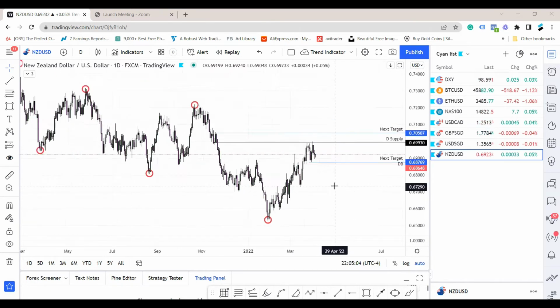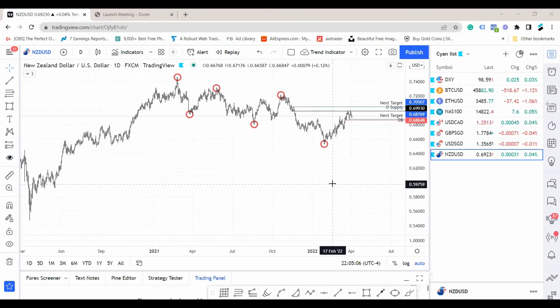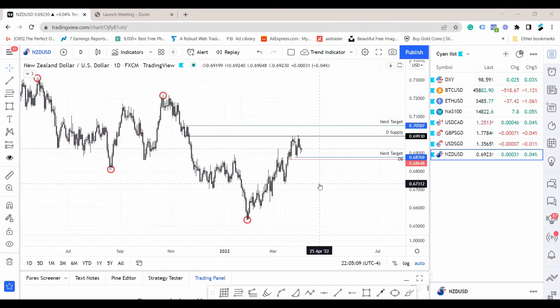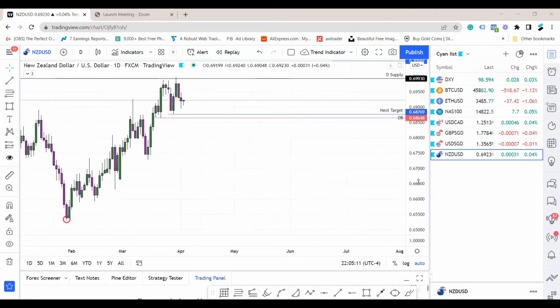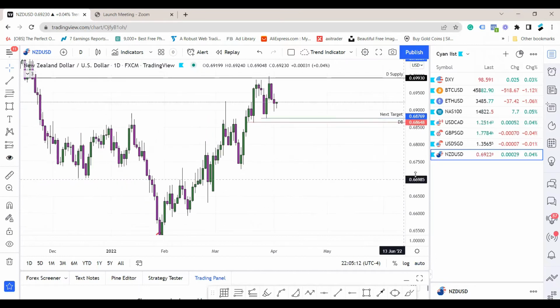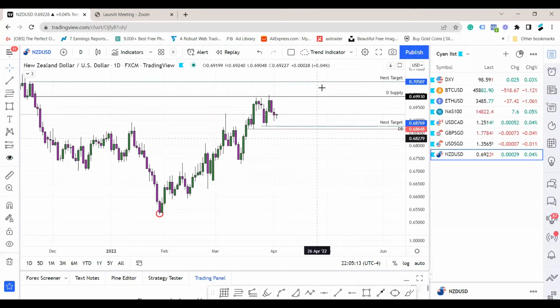We still want to pay attention to what the order flow is, and we can see that the order flow still shows bullish order flow. You can see the price make a low, high, low, high, low, high, low, high, low, now a potential high.